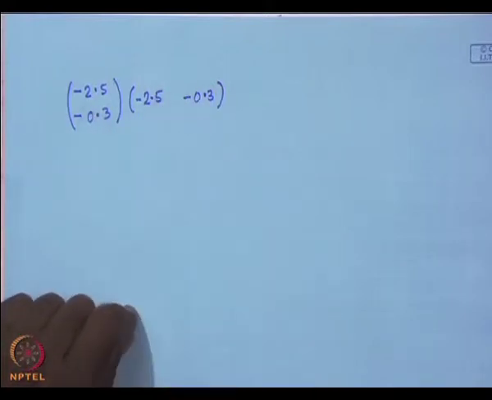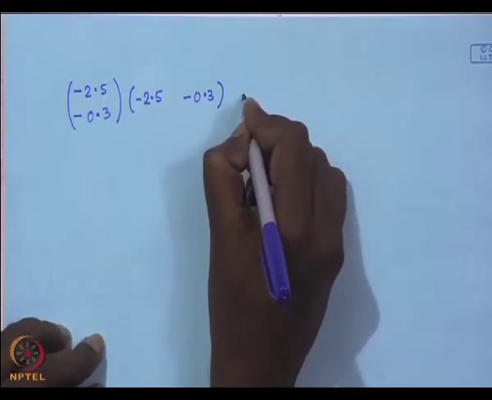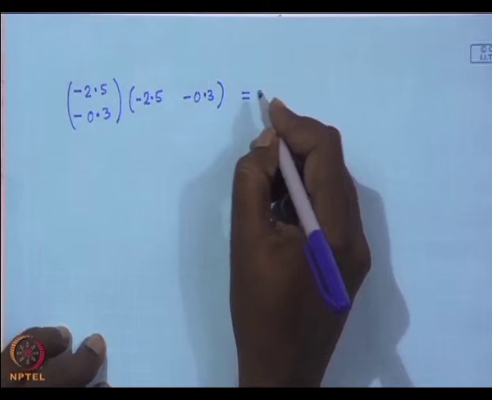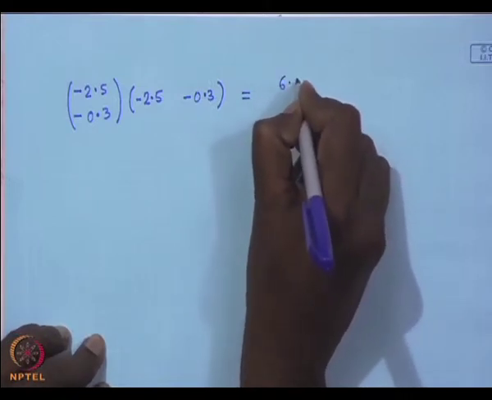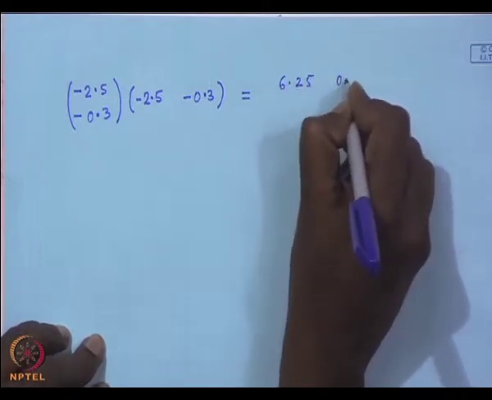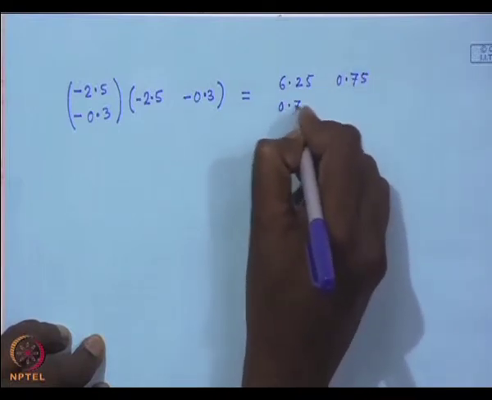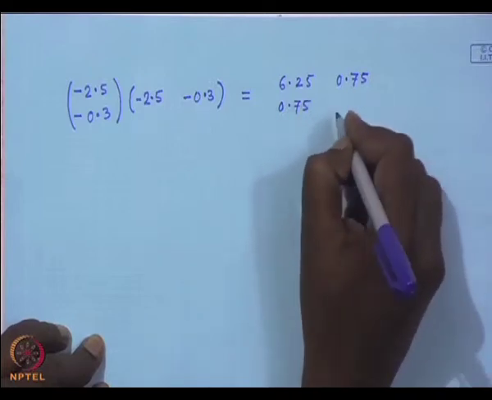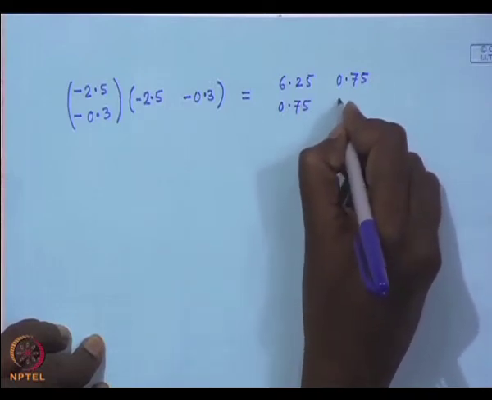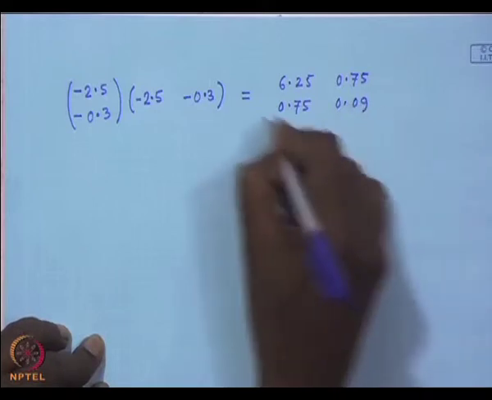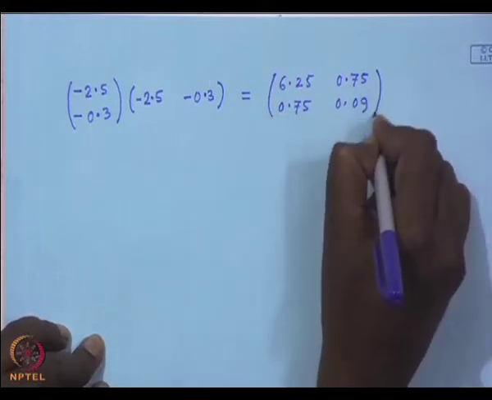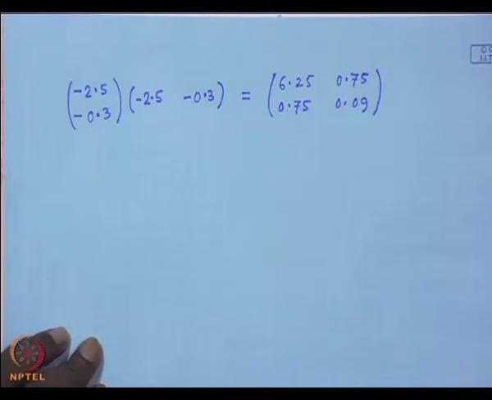Obviously, I can do matrix multiplication, and the resultant matrix will be of dimension 2 by 2. And if I simply compute this, you find that the value of this matrix will be 6.25, 0.75, 0.75, and then 0.09. So, this is one of the matrices.